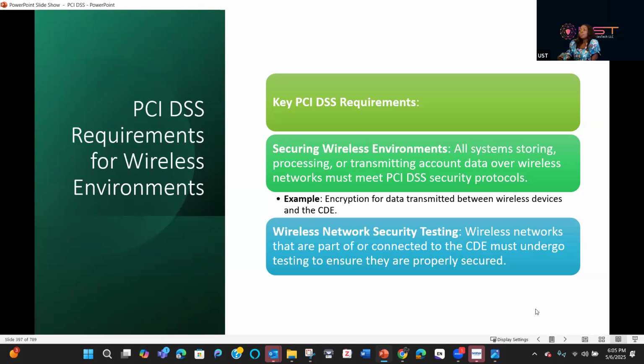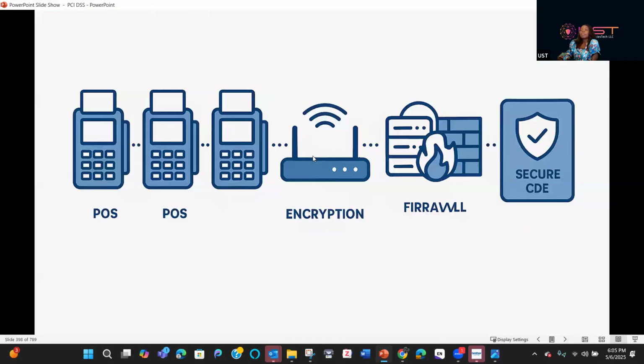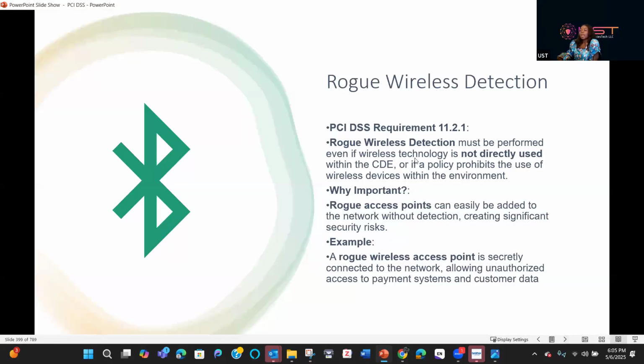These are some of the things we covered already. You have those network security controls and you have to keep testing to make sure they are operational. Likewise, if you have POS terminals that receive credit and debit cards and you go wireless, you must make sure they have encryption and all the different network security controls we have mentioned already.